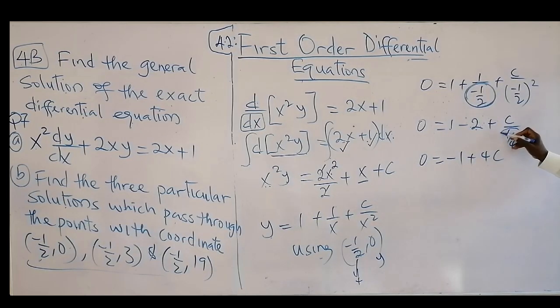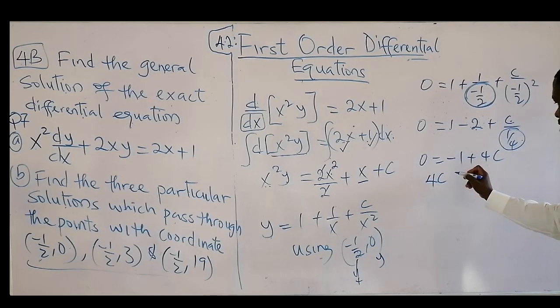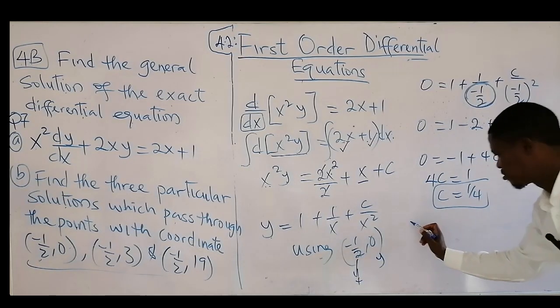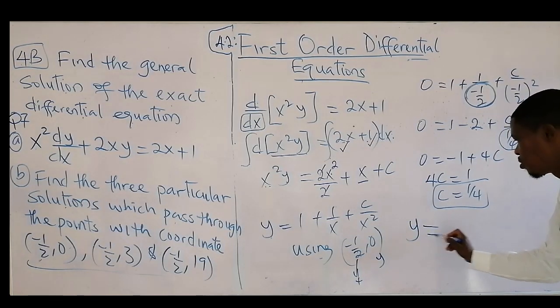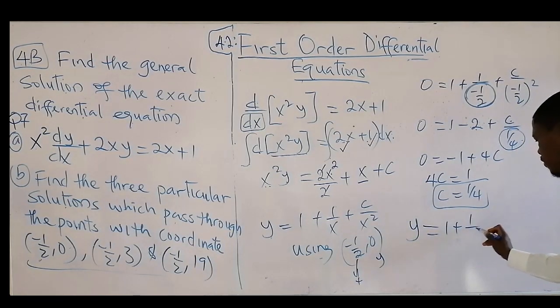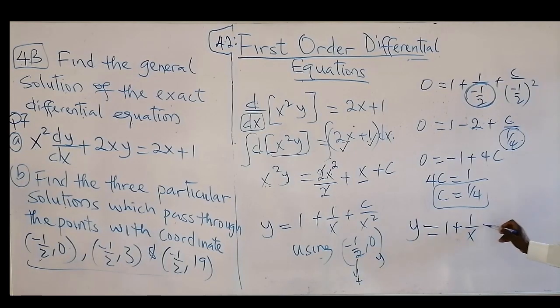If you also reciprocate 1 over 4, it gives you 4 times this one. So we now have 4c is equal to what? 1. So c is what? 1 over 4. So the first particular solution will be y equal to 1 plus 1 over x plus what?